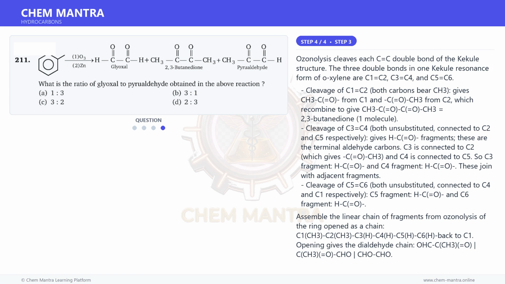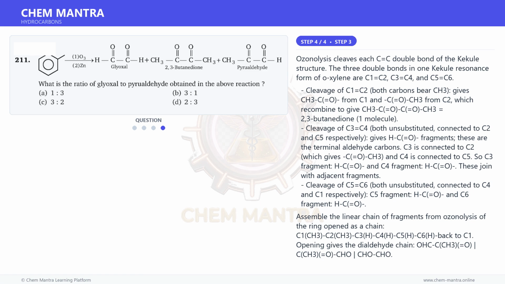C6 is adjacent to C1, CH3, giving a CHO end, and C5 is adjacent to C4, H. Actually, each carbon becomes 1 carbonyl. The 3 products come from pairing adjacent carbons across each cleaved double bond.